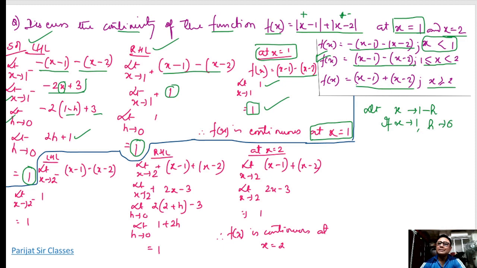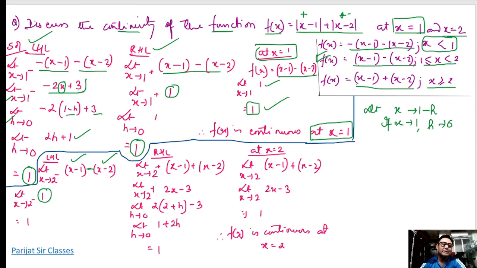Now let us test it at x equal to 2. As you can see, if I take less than 2, the first one will become positive, the second one will become negative. Please watch here, the second one I will take as negative, so it comes out to be this.